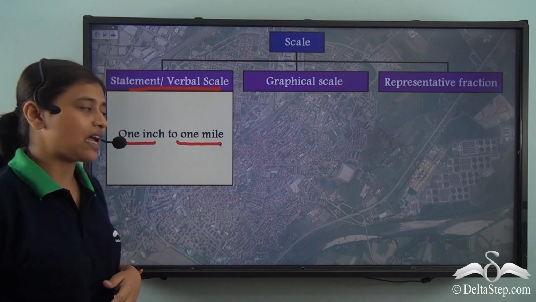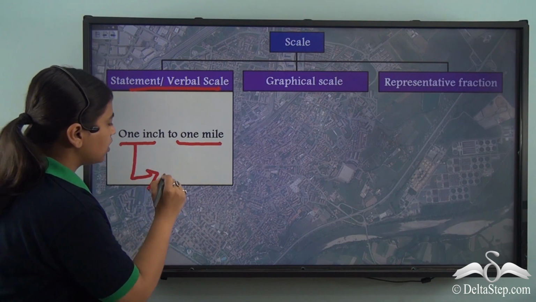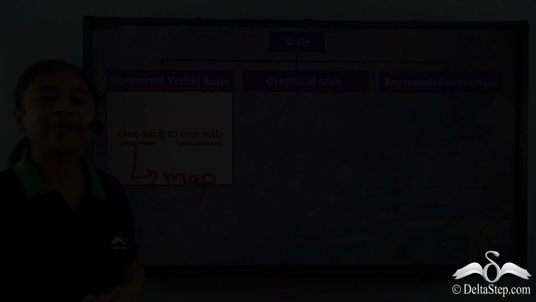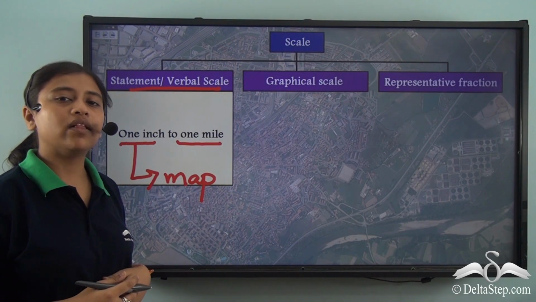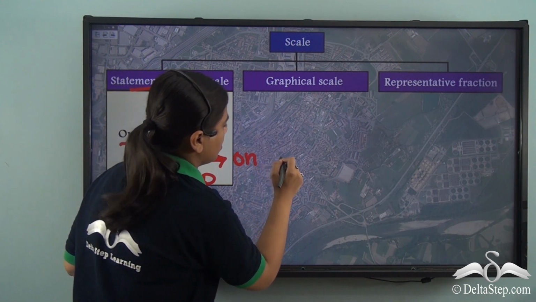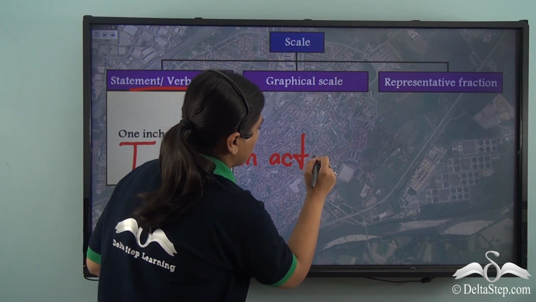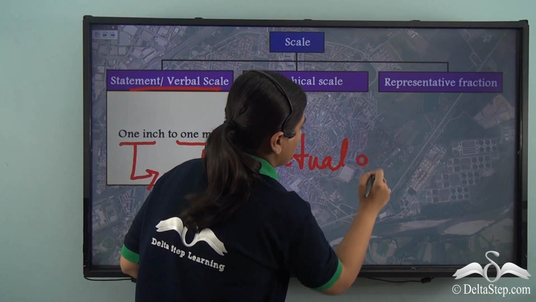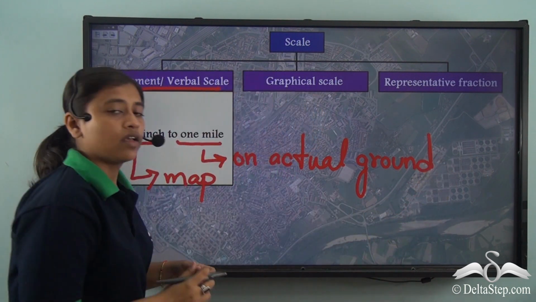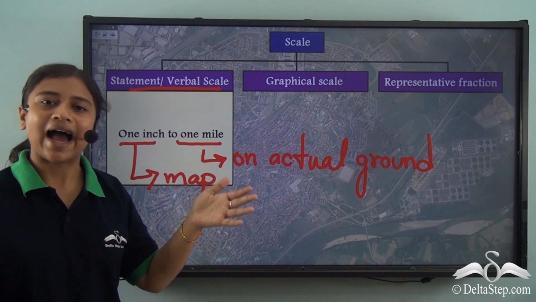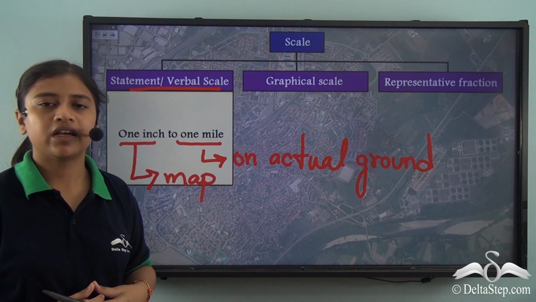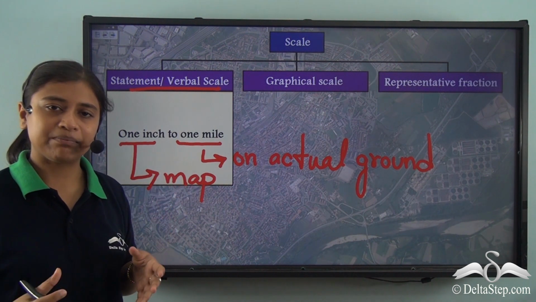This only means that 1 inch on the topographical map is equal to 1 mile on the actual ground. This is known as a statement or verbal scale.